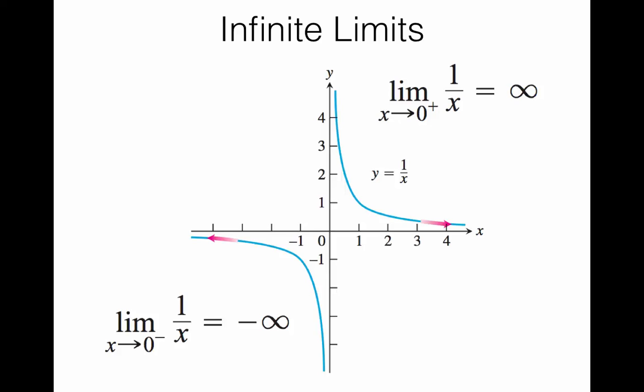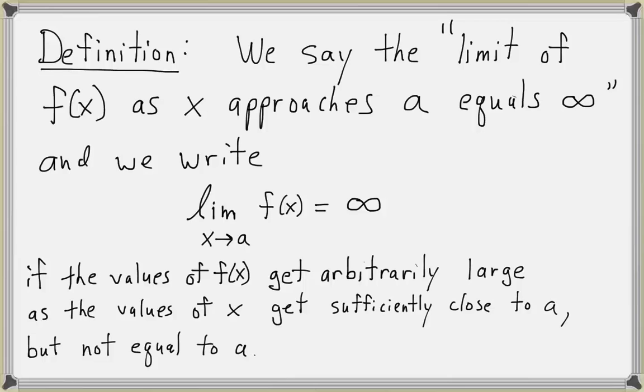So now let's be more precise with the definition of when we write this notation, the limit equals infinity or the limit equals negative infinity. We say that the limit of f of x as x approaches a equals infinity and write this notation if the values of f of x get arbitrarily large, in other words, get closer and closer to infinity, as the values of x get sufficiently close to a but not equal to a.